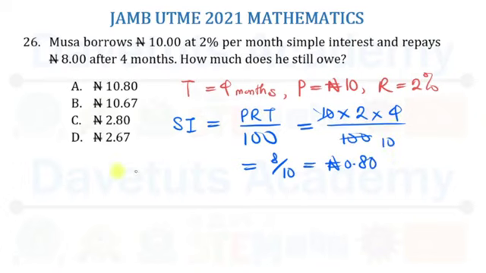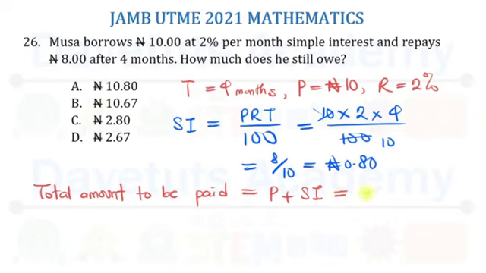Okay, so if that is the case, it just means that after 4 months, the total amount of money to be paid by Musa is nothing but the original amount, which is the principal, plus the simple interest. And if you look at that, that will be 10 naira plus 80 kobo. Okay, so that is inherently 10.80.